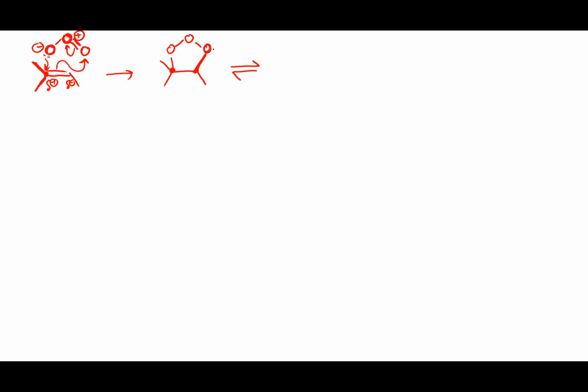So what I'm going to do is I'm going to use a lone pair on this oxygen to make a new oxygen carbon double bond. But if I do that, my carbon is going to make 5 bonds. That's not allowed. So it needs to break a bond. What does it break?